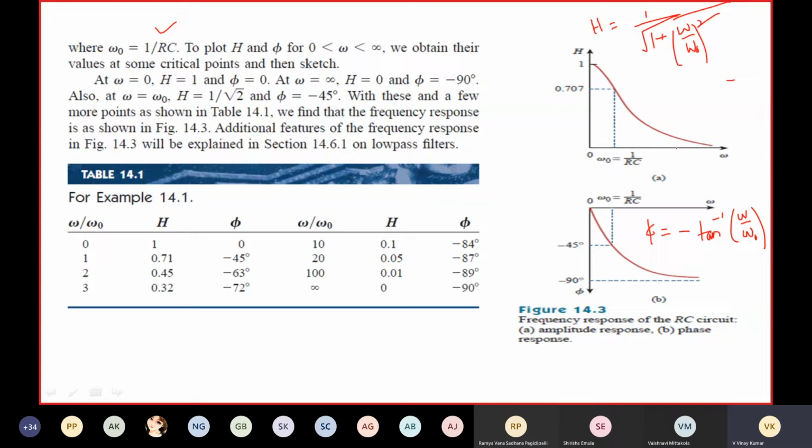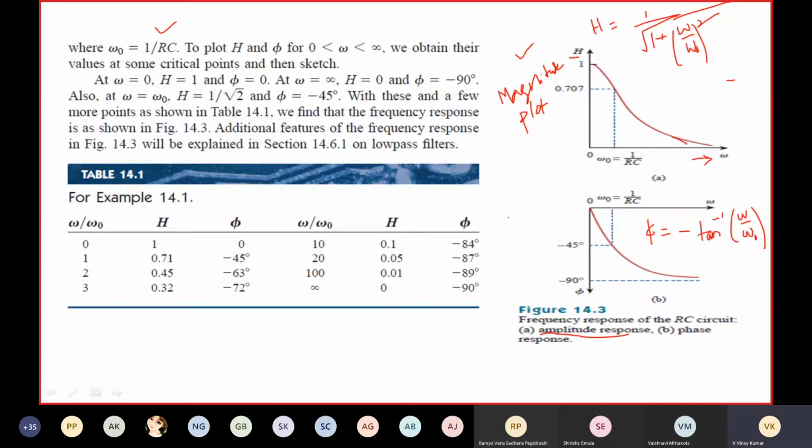So this is called the magnitude plot, or amplitude response. This graph is called the magnitude plot because you are plotting magnitude versus frequency omega.